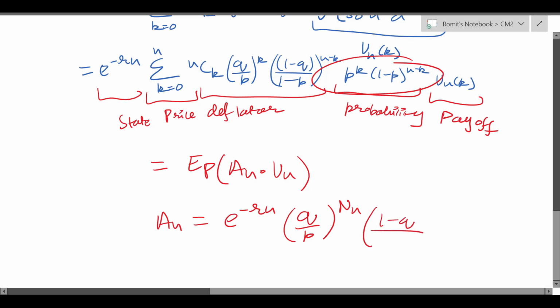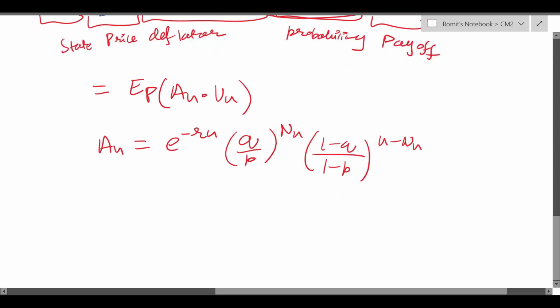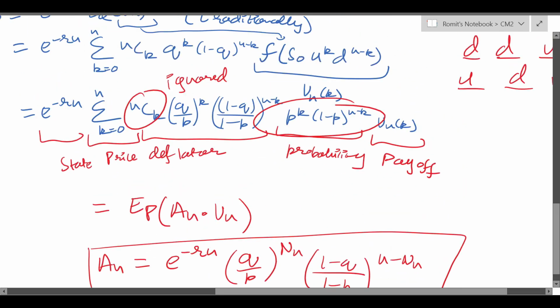And 1 minus q by 1 minus p to the power of the decreases, so this is just n minus Nn. So these are the parts that have gone into the state price deflator. That's fine, so this is how you write it. This is the expression for your state price deflator, where Nn is basically a random variable. Here we were taking a particular value.